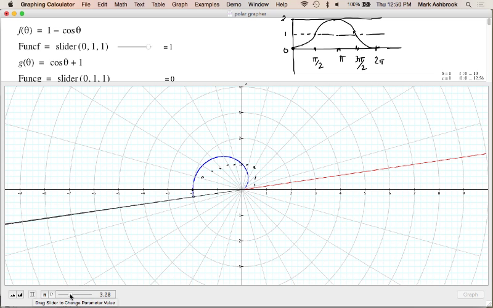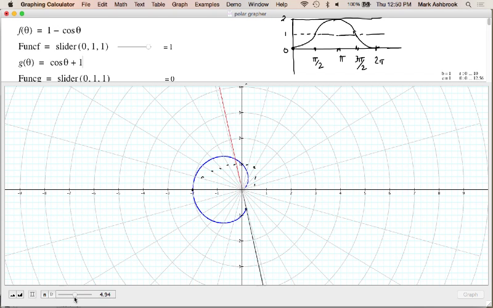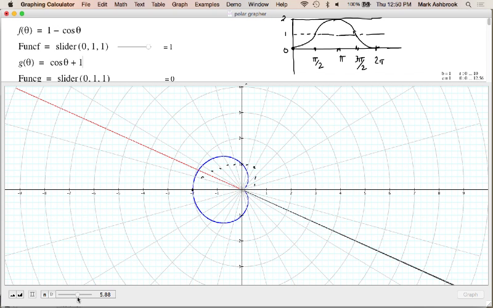So there's r increasing from 0 to 1, and then from 1 to 2, and then from 2 back to 1, back to 0. So this is called a cardioid.